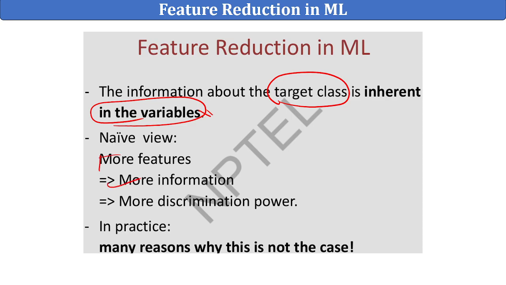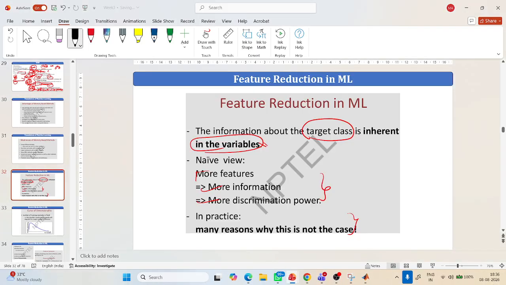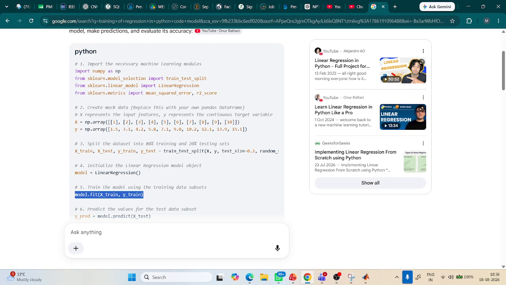More features means more information and more discriminative power. But we're not going to use more and more features; we'll try to keep as few as possible. That's why we have feature reduction techniques, let's say PCA and LDA. They remove unnecessary features. I'll show one paper of mine on how it was done.